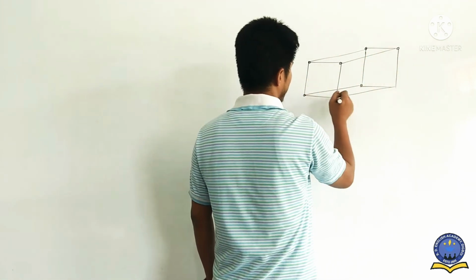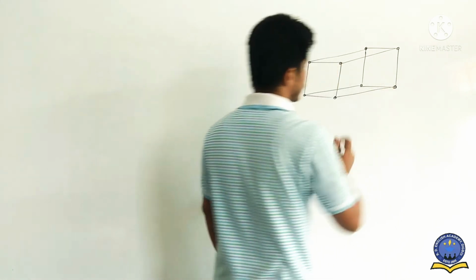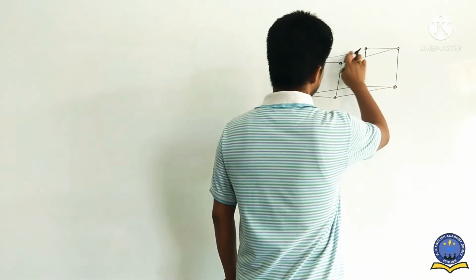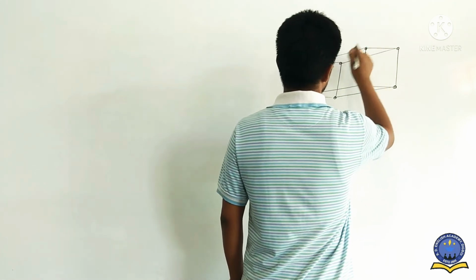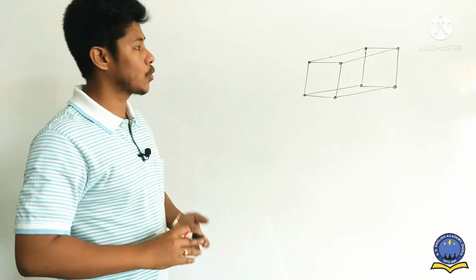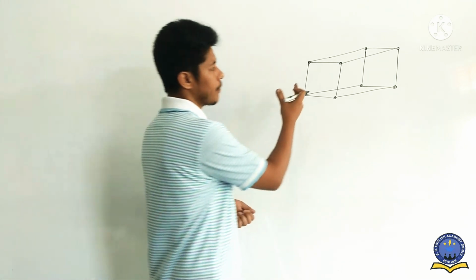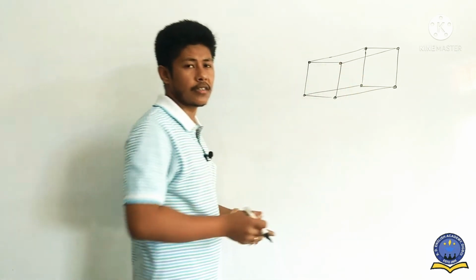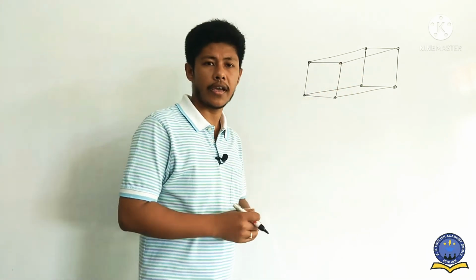Is it clear? Now in this herbarium, we have to find out the total area. If you see how many glasses there are, there are total 6 faces, that means 6 glasses including the base also, isn't it?